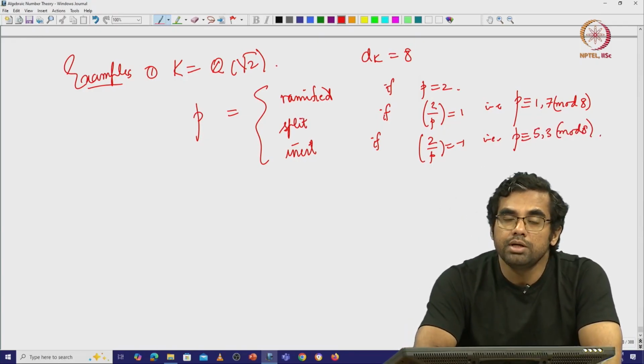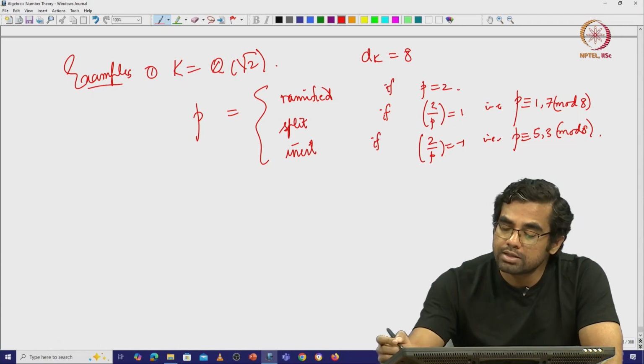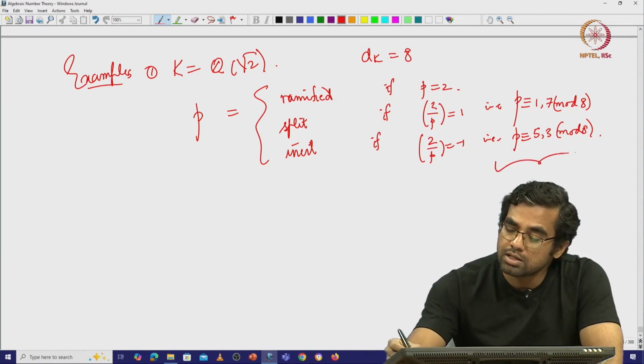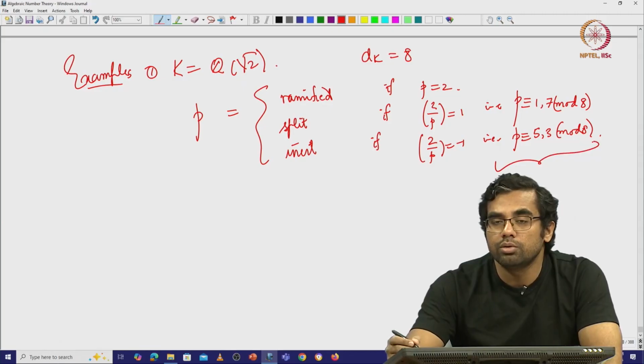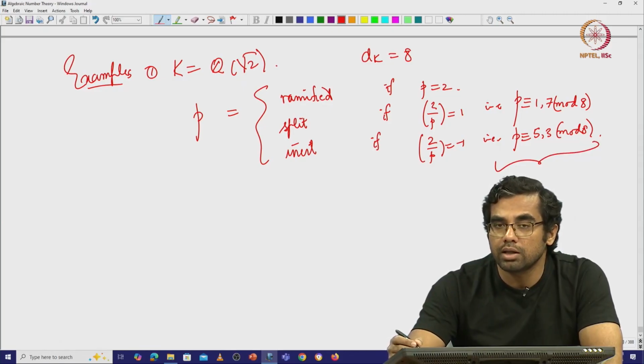So, you get a complete classification of the splitting behavior just in terms of data that is within Q. You do not need to solve any quadratic equation or anything to understand this congruence.